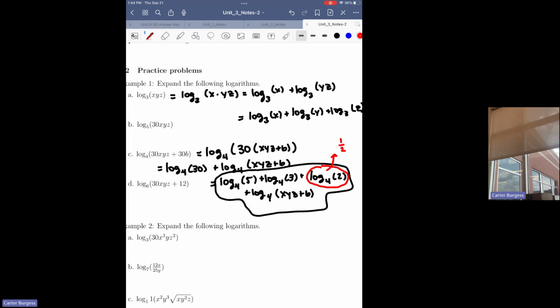What power do I have to raise 4 to, to equal 2? Well, we have to take the square root. Taking the square root of 4 is the same as raising 4 to the 1/2. So this whole thing could just be replaced with 1/2. But also the way we have it written here, I'm perfectly happy with. That would also be totally fine.